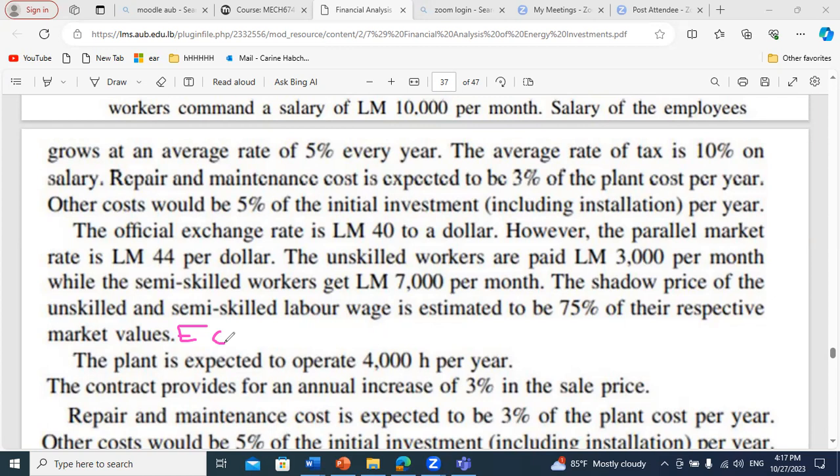It's not connected to the tax, because taxation is on the skilled only. Sometimes they tell you you have tax on skilled this much, on unskilled this much. Okay, now in this problem they gave the tax 10% for skilled person, while for unskilled and semi-skilled they said the reduction is 25%.